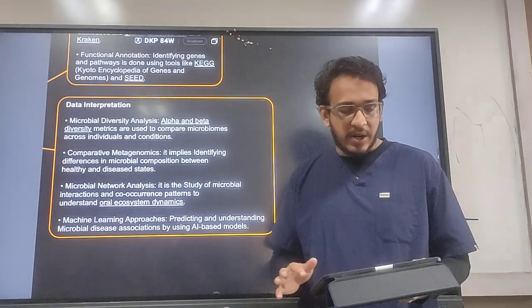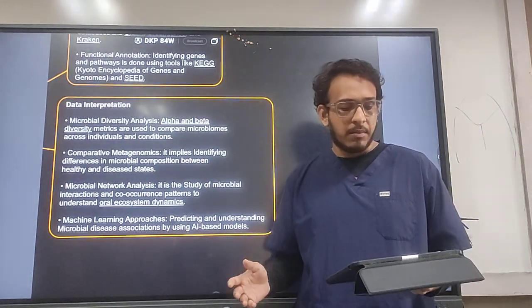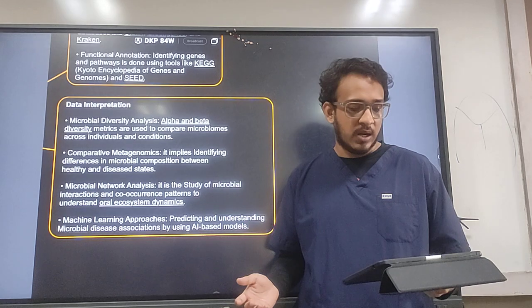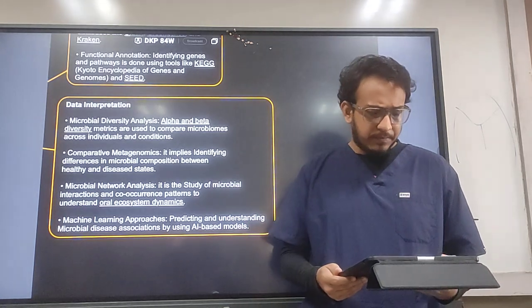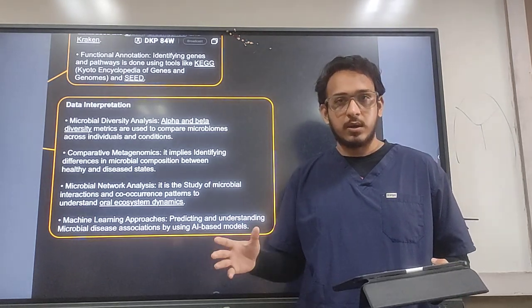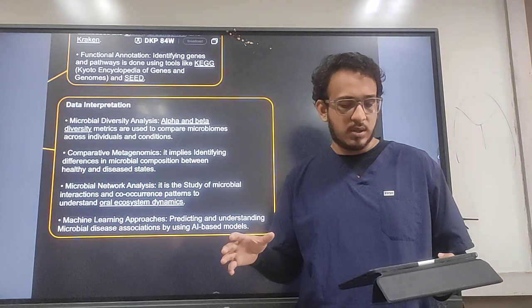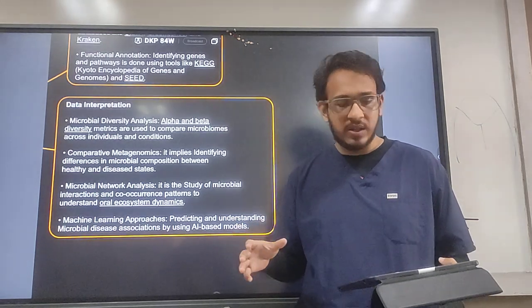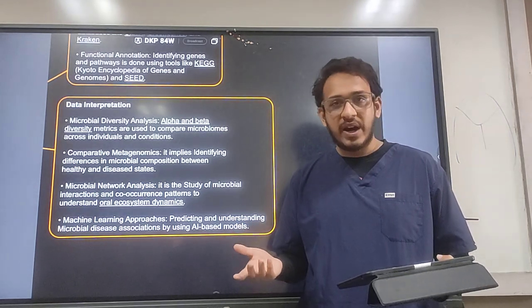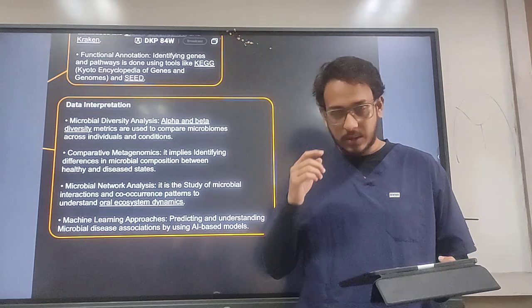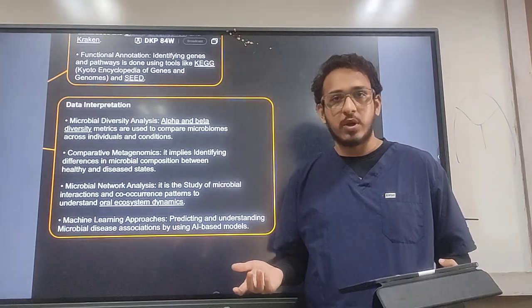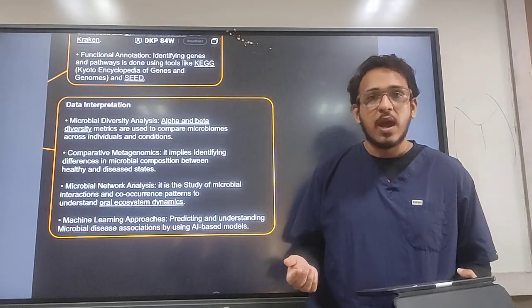For data interpretation, there is microbial diversity analysis to find how diverse the microbes are. The alpha and beta diversity are the two metrics used to compare the microbes.